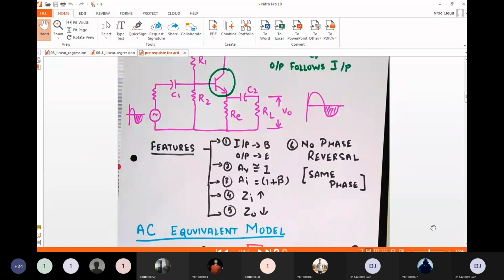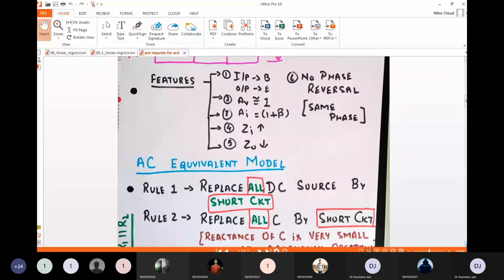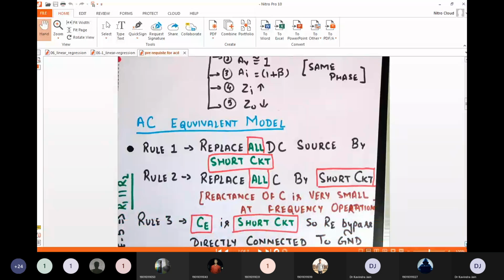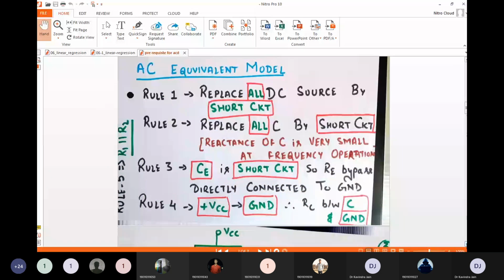But now, for going for AC analysis, we need to convert the given circuit into an AC equivalent model, which we have already studied in our first year course. So I am going to repeat it in a very brief note. These are the rules for the AC equivalent model.